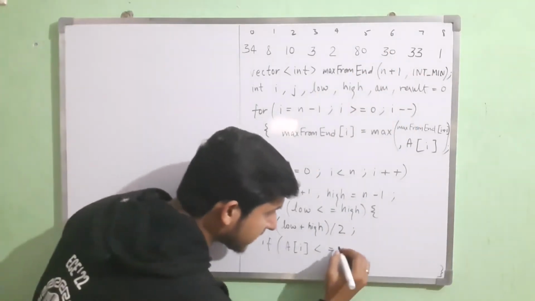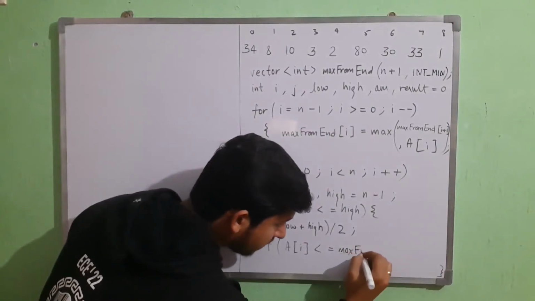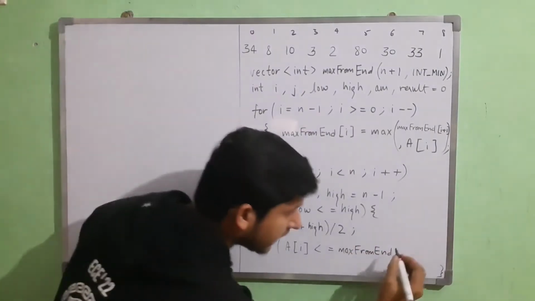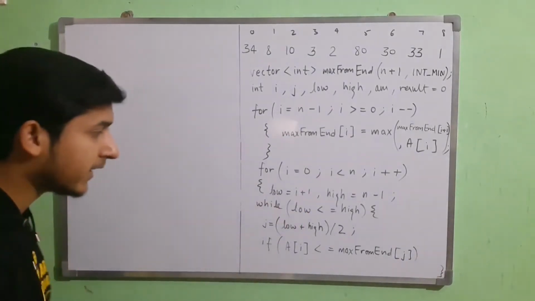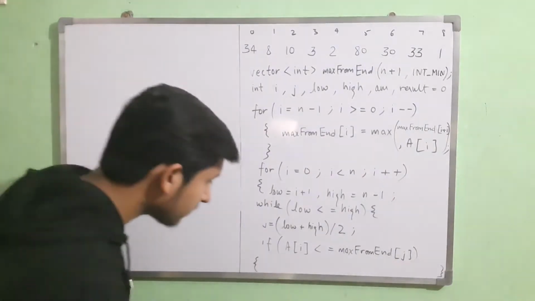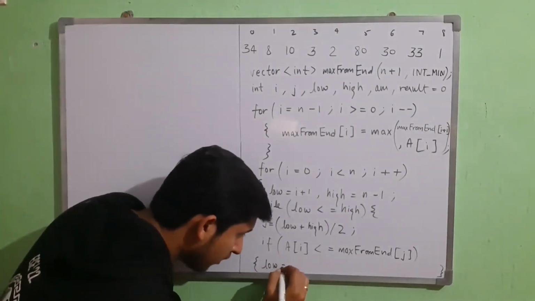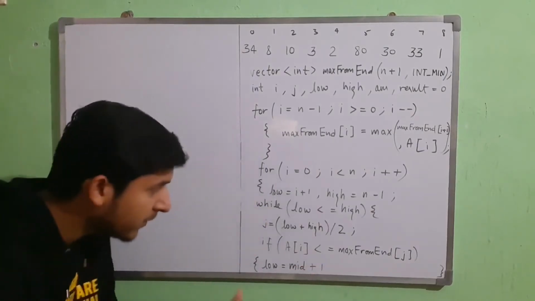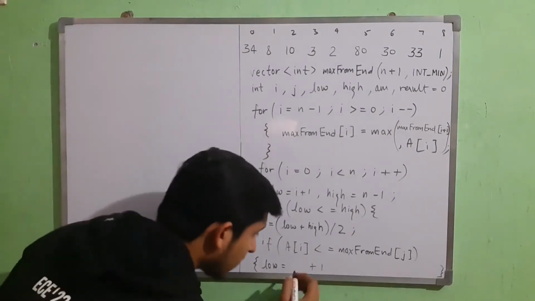So this is maxFrom at index j. If this condition is satisfied, then I will update my low to mid plus 1. What do I mean by mid? j only.